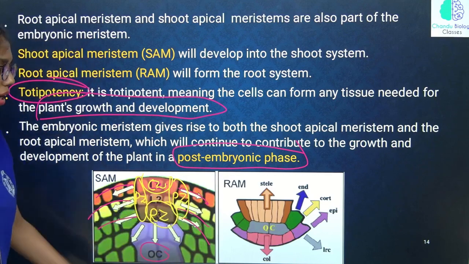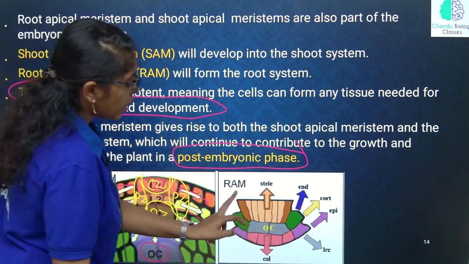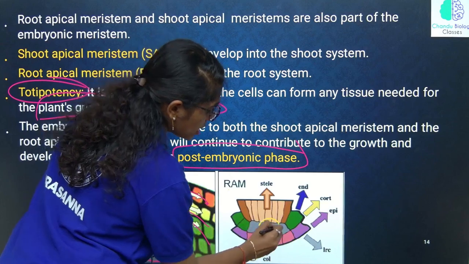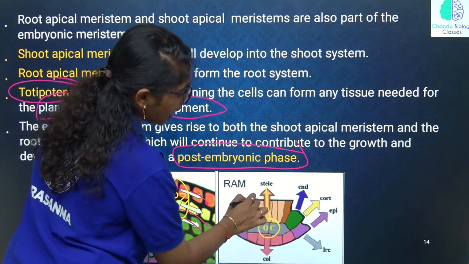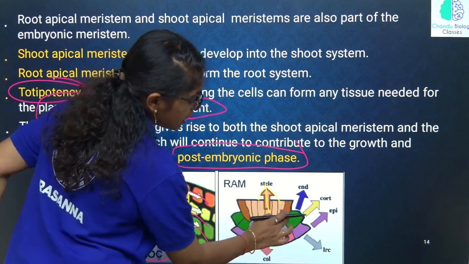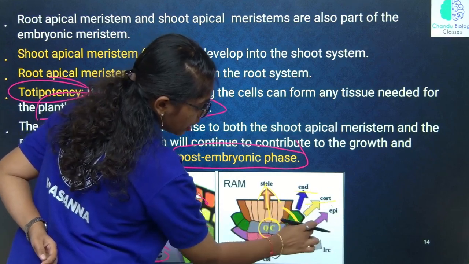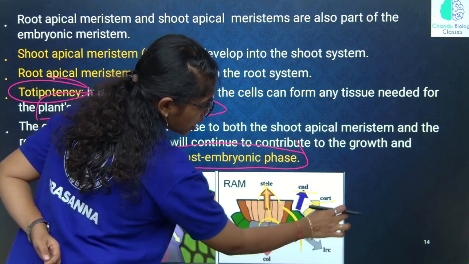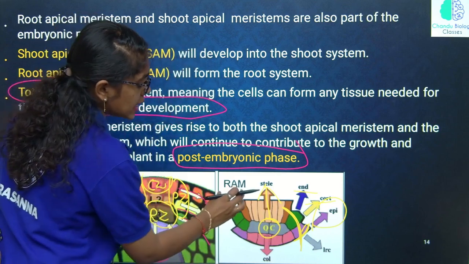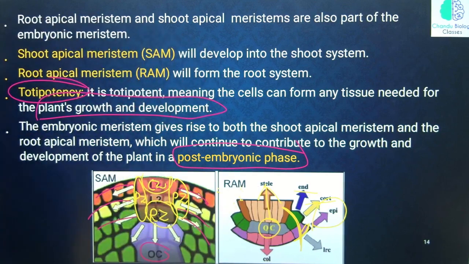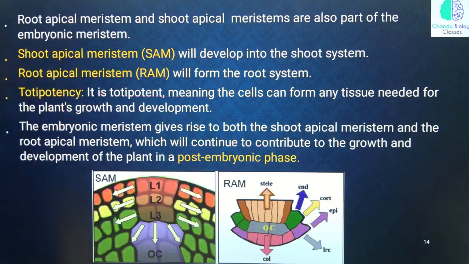We have peripheral zones. And root apical meristem has a quiescent center, above which we have the stellar region, and towards the sides we have endodermis, cortical region, and towards the surface epidermis. This is the basic structure of root apical meristem. In the coming slides we will understand it more clearly.